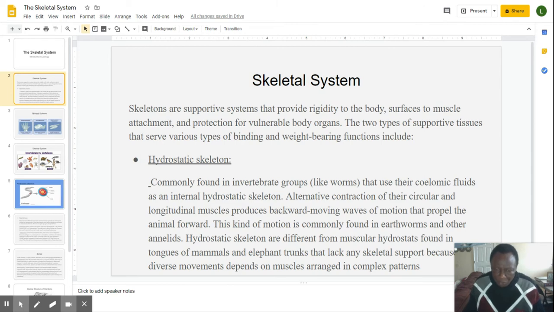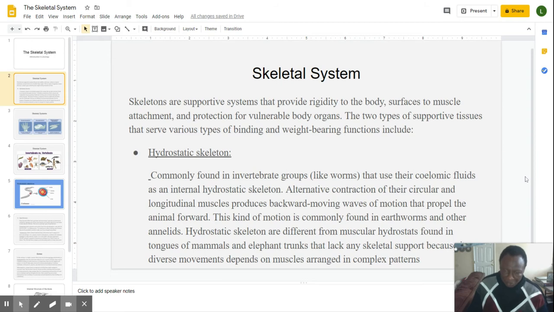This fluid within the column provides alternating contractions of the circular and longitudinal muscles, producing backward waves of motion that propel the animal forward. This kind of motion, like we said earlier on, is commonly found in invertebrates, particularly worms.